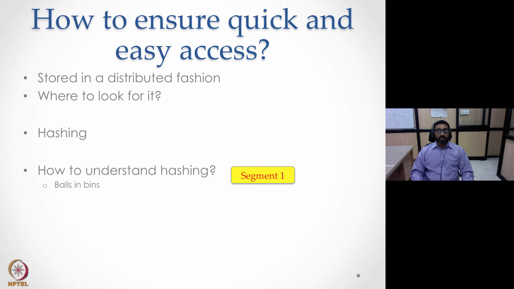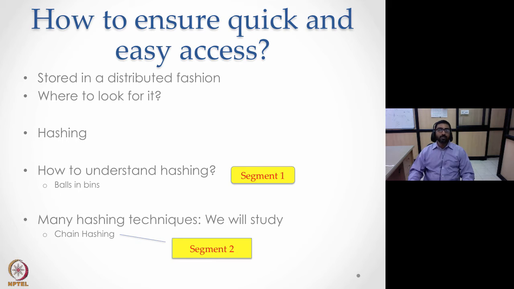And then we're going to look at two different data structures that employ hashing. One is something you might have already seen before, chain hashing, but we're going to try and understand it from the perspective of balls and bins. And we're going to apply the balls and bins techniques to try and understand chain hashing.